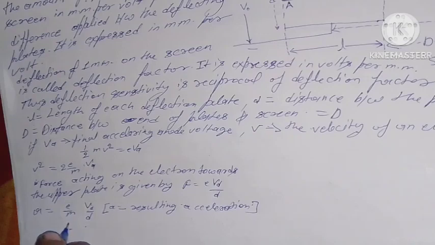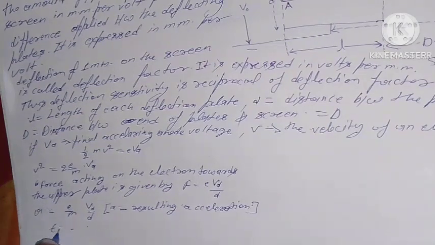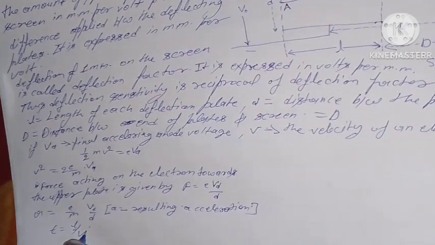Time taken by the electron to traverse through the length of deflection plates, then small t equal to L by v.